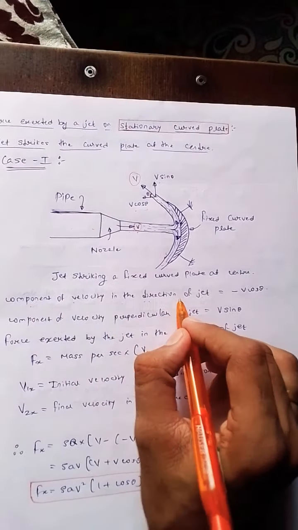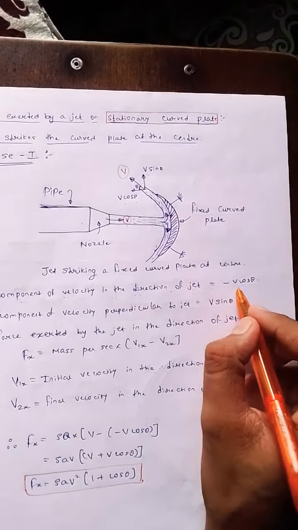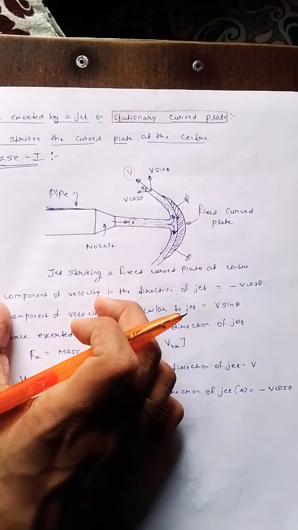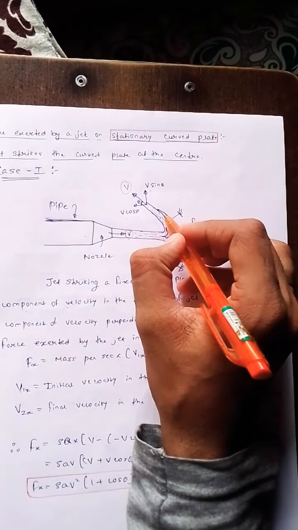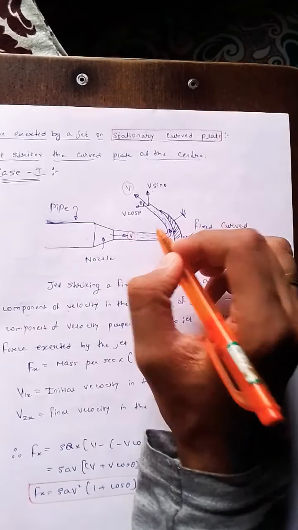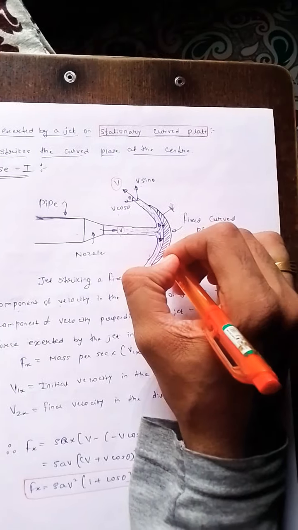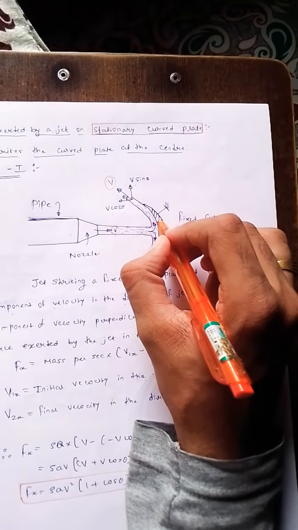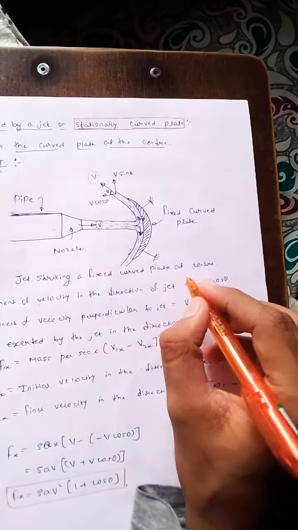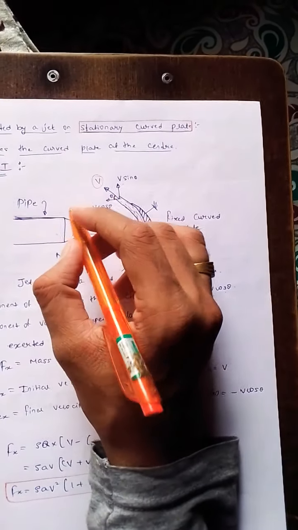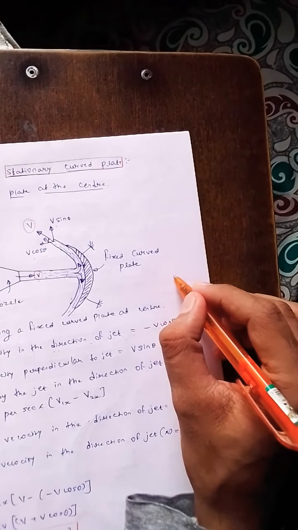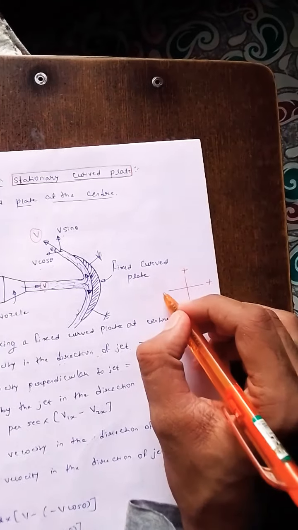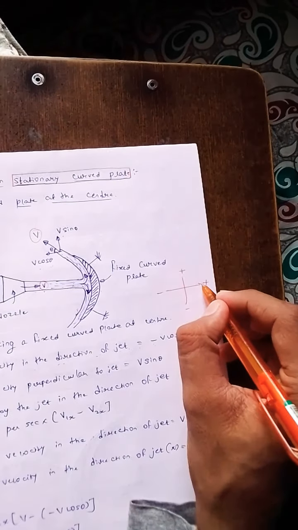Our first step is the component of velocity in the direction of the jet, which is equal to minus V cos theta. This is the component after the jet strikes the plate, at the point where the water is leaving the contact, and it is minus because it is in the left side direction. We have assumed the sign convention as right side plus, upward plus, left side negative, downward negative.